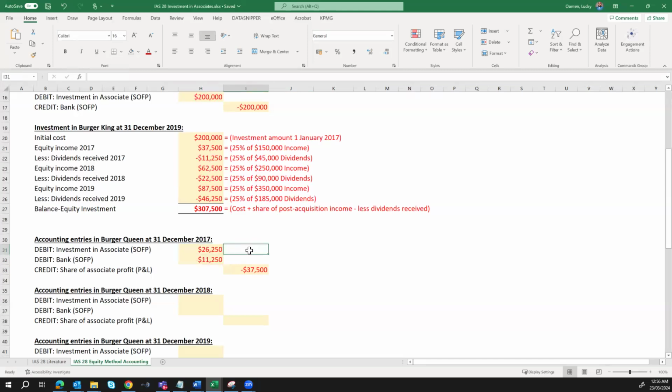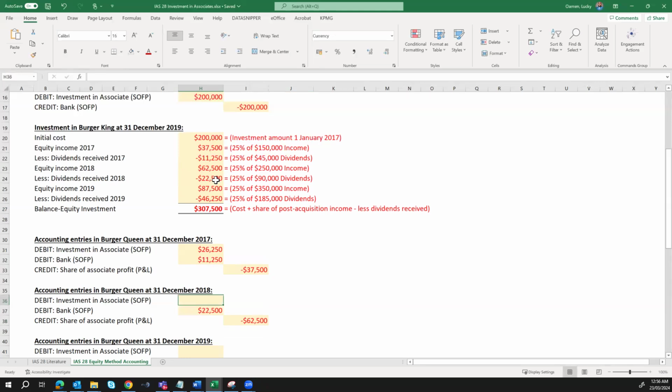So let's look at the entries to be passed for 31st of December 2018. Similarly, there's a profit that was reported and your entity has recognized a share of this profit of $62,500. So we're going to credit the share of associate profit in the P&L for this amount, $62,500. Then we have received a dividend of $22,500.